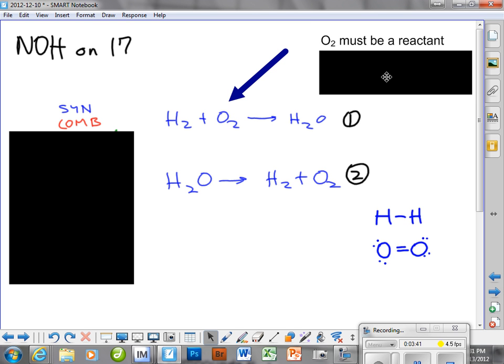If you haven't got this already, I noticed on a lot of people's papers where they had oxygen on the right side, they called it combustion, and that's a natural mistake because they didn't realize that the O2 has to be on the left. If we had O2 on this side, it would have O2 as a product, but it would not be combustion.